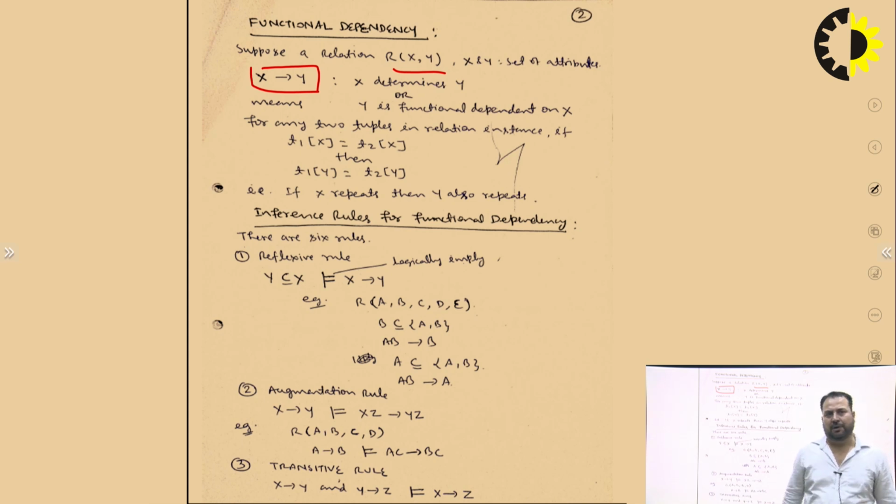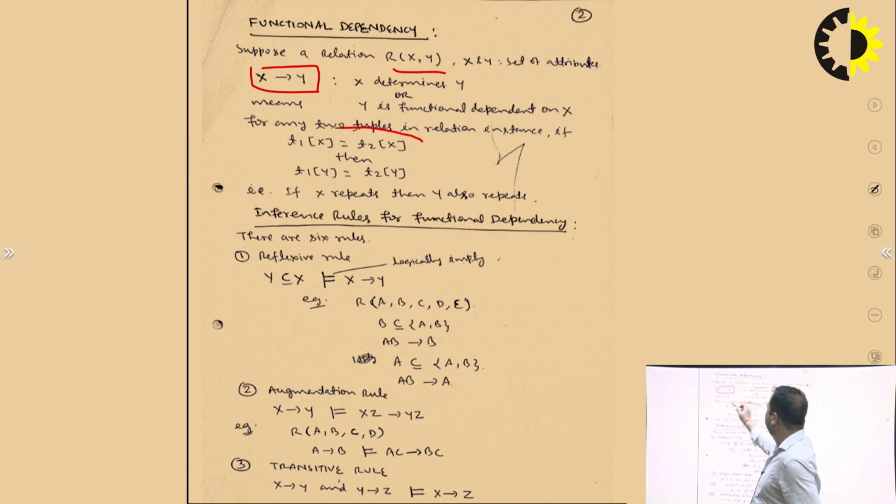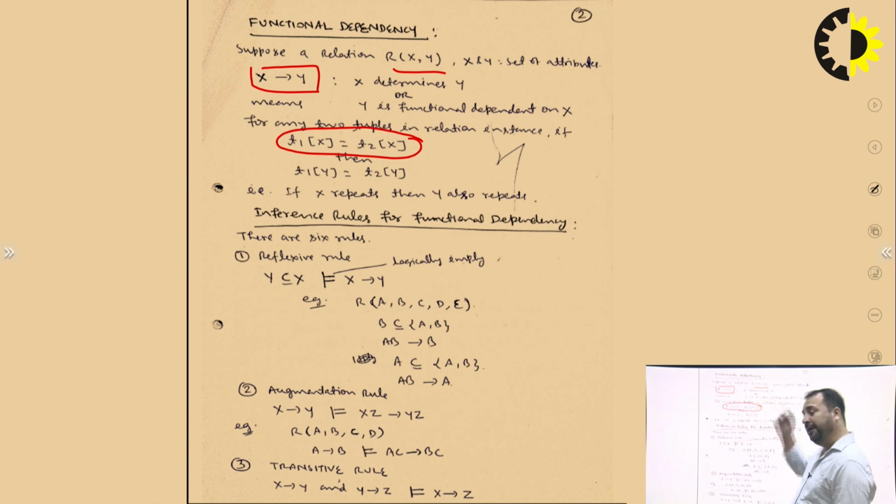Mathematically, for any two tuples in a relation, if T1.x is equal to T2.x, meaning the corresponding values over that attribute in the two tuples are equal, and then in y it is also equal, then we can say that x determines y, or y is functionally dependent on x.